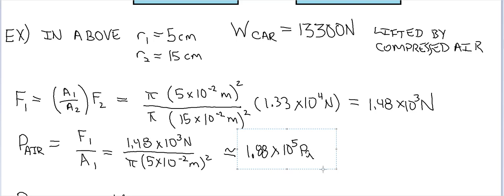Now note that the air pressure really only needs to be a little under 2 atmospheres. This is definitely something that you can get with an air compressor. So this is not an unreasonable value.